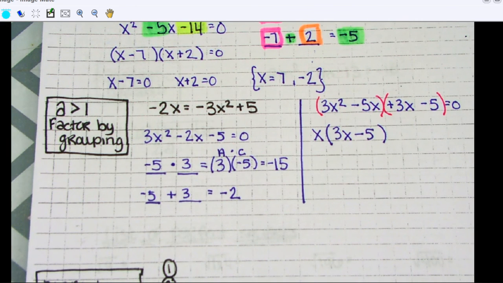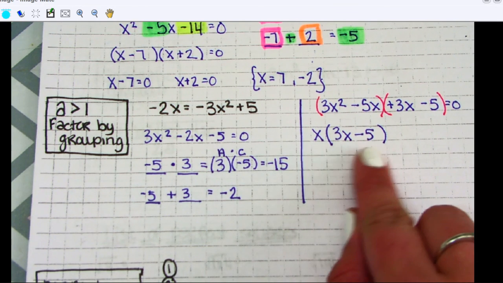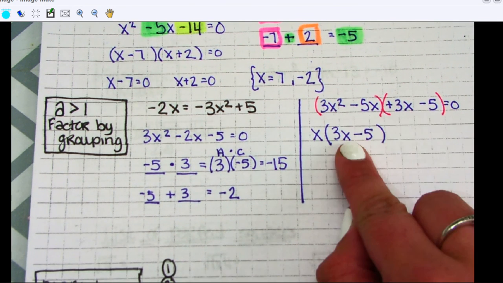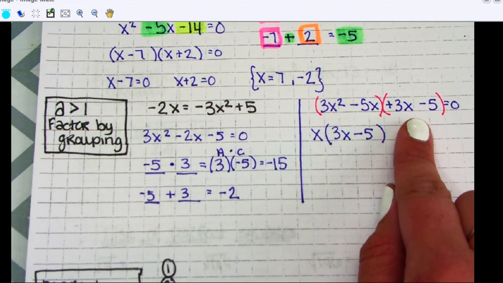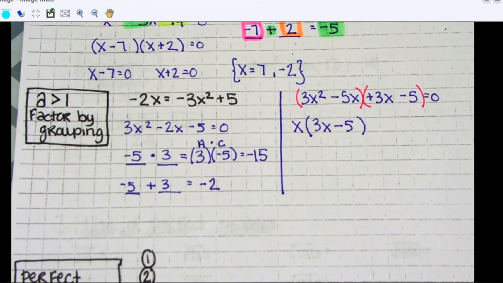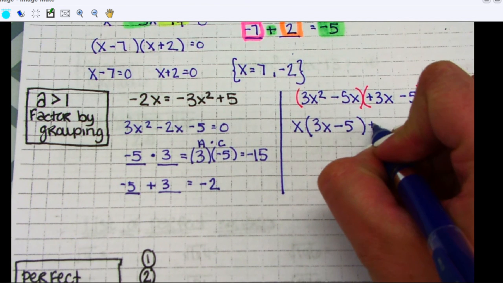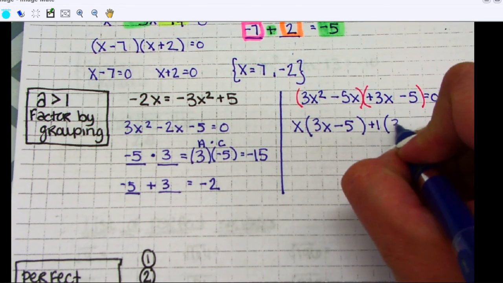Remember, the goal of factor by grouping is to get two parentheses that look identical. So in this parenthesis, my goal is to make this one look just like it. Does it? So what do we pull out here? A 1. You have to pull a 1 out because we need a binomial times a binomial. So I'm going to pull out a positive 1, and I'm just left with 3x minus 5.